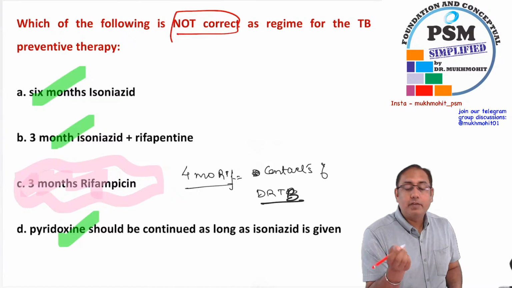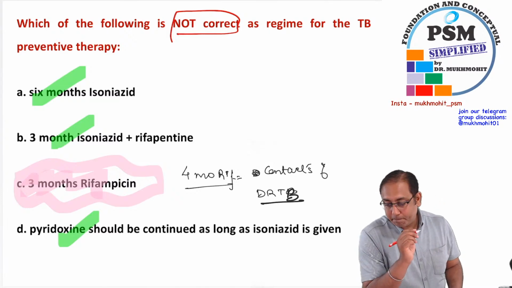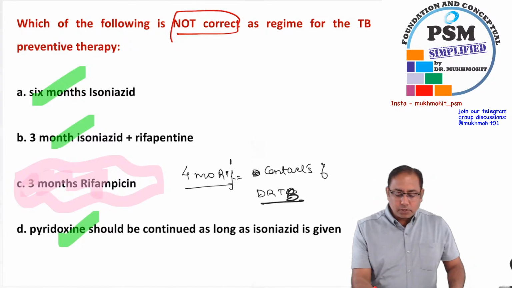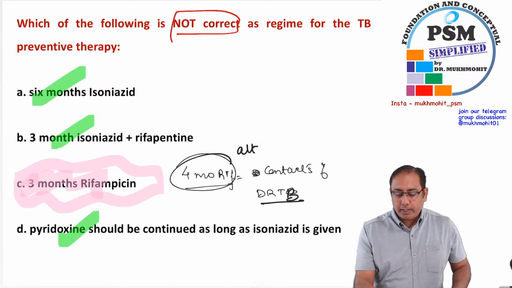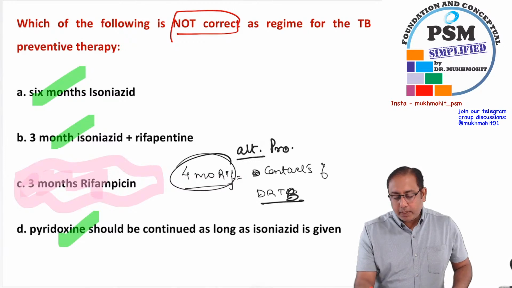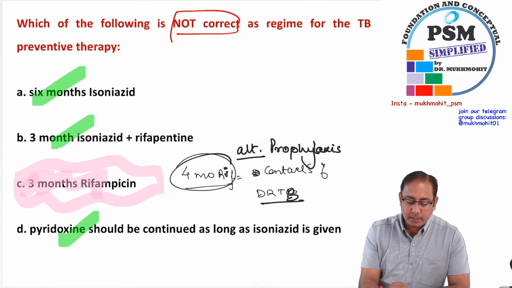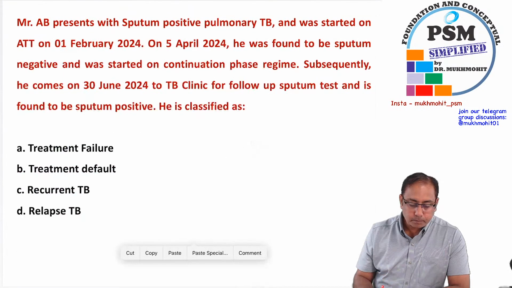To the contacts we are giving 4 months of rifampicin. Any other drug resistance could be there, but this is always taken as an alternate regime. It is the alternate prophylaxis, that is 4 months of rifampicin can be given. It's not 3 months, it is 4 months of rifampicin.